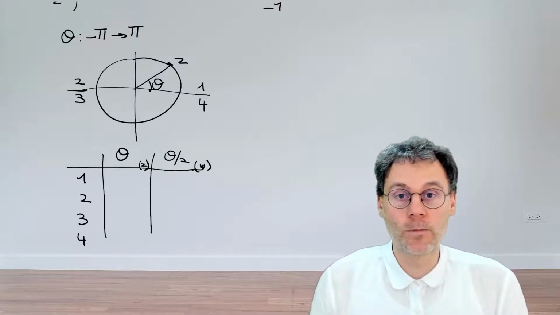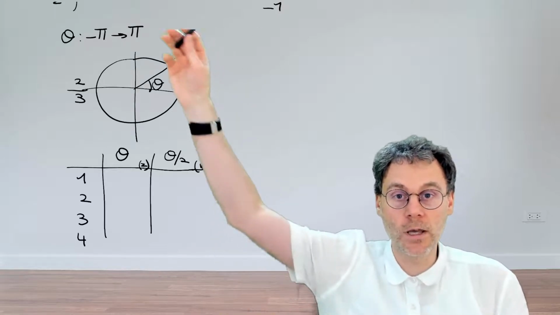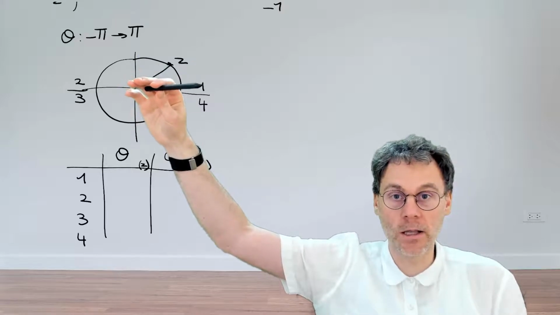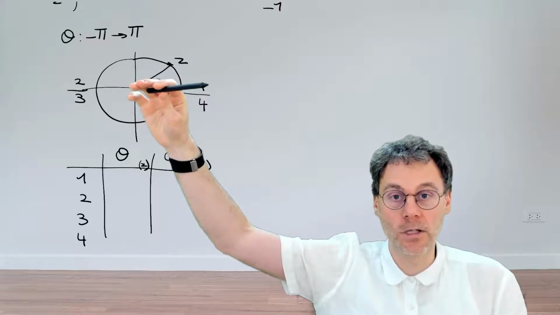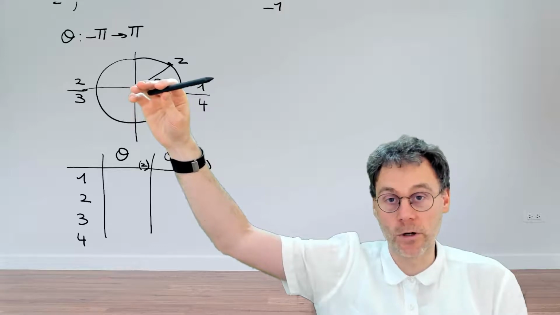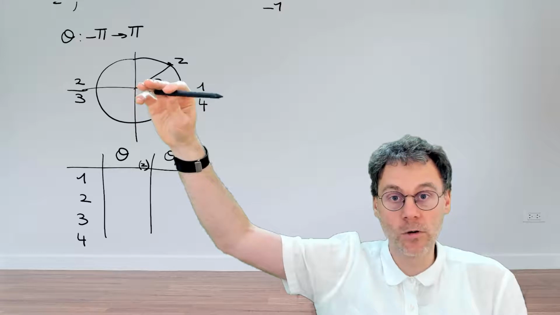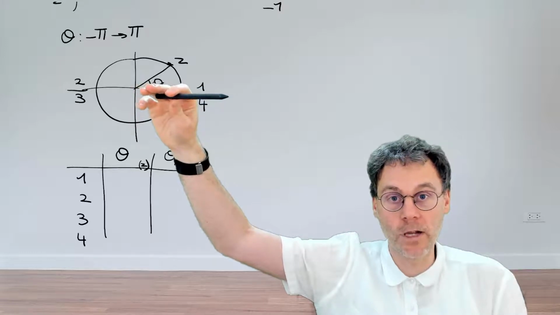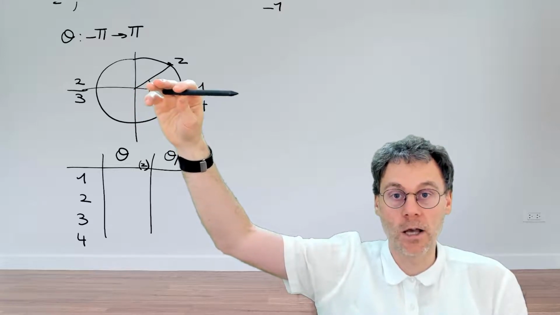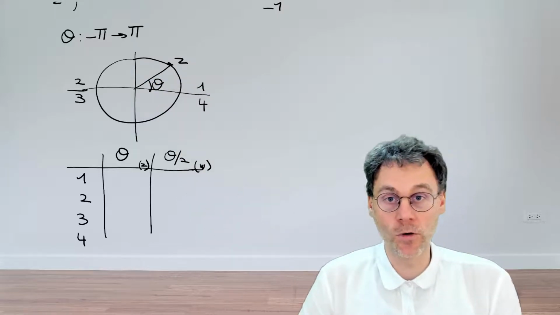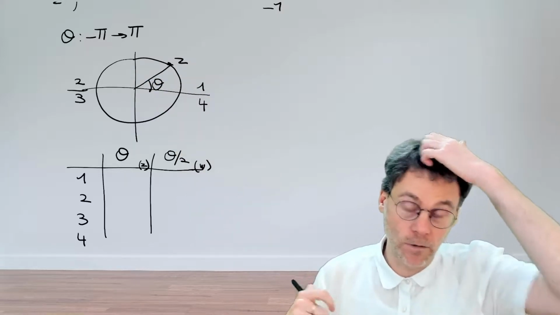Okay, let's have a look at the point 1. So if we have our argument over here, we just go to slightly above the real axis, and then you see that this is just an angle equal to 0. Same is true for 4. That's just an angle slightly below 0, but in the limits of really ending up on the axis, both 1 and 4 will give us a value of theta equal to 0, which is in the interval minus pi plus pi.